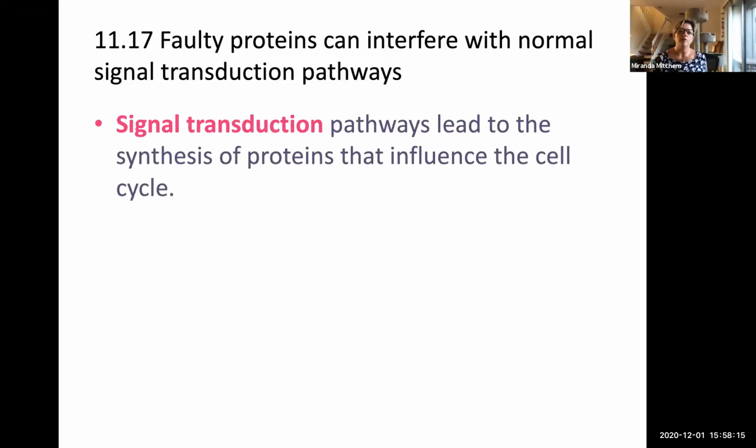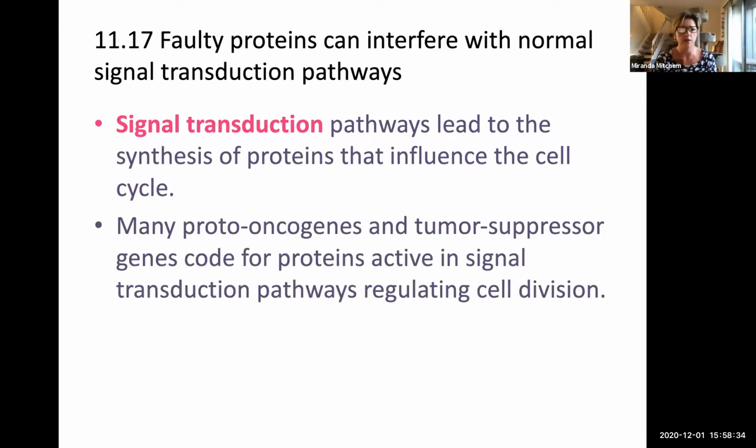So we've learned about signal transduction, the communication pathway that leads to the production of a certain protein or proteins from cells. These specifically are proteins that are involved in the cell growth cycle.